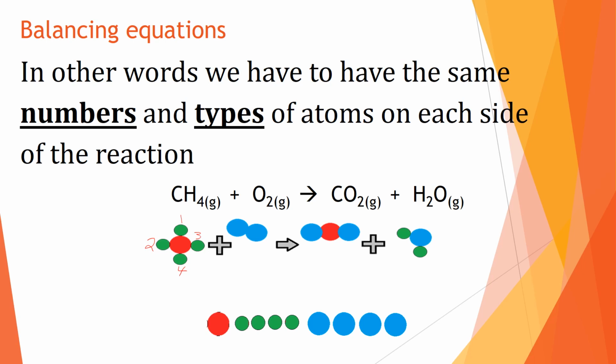Here I have oxygen gas. I have 1, 2. Remember, oxygen is a diatomic element. Okay, so when it's in molecular form, it exists as 2 atoms. Okay, now if I go over here and count the atoms, I only have 2 hydrogens, right? But I started out with 4. And over here, I only have 2.